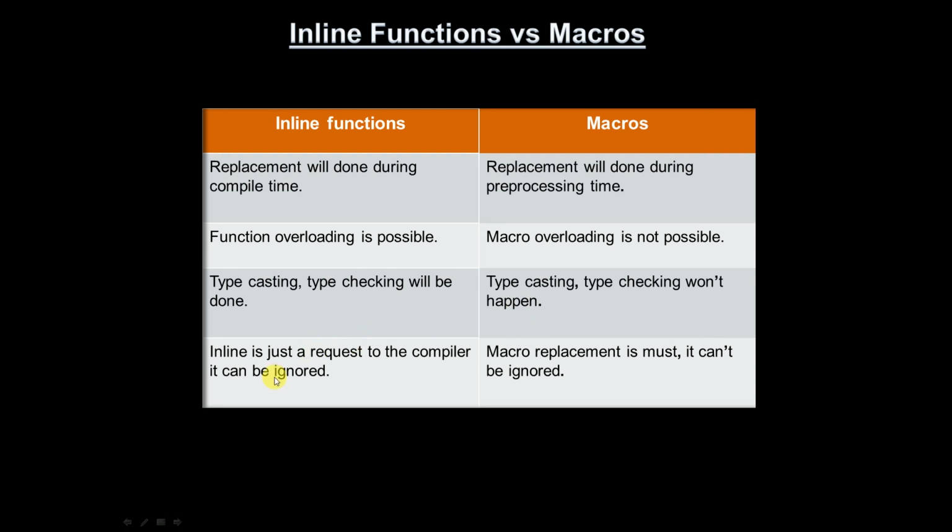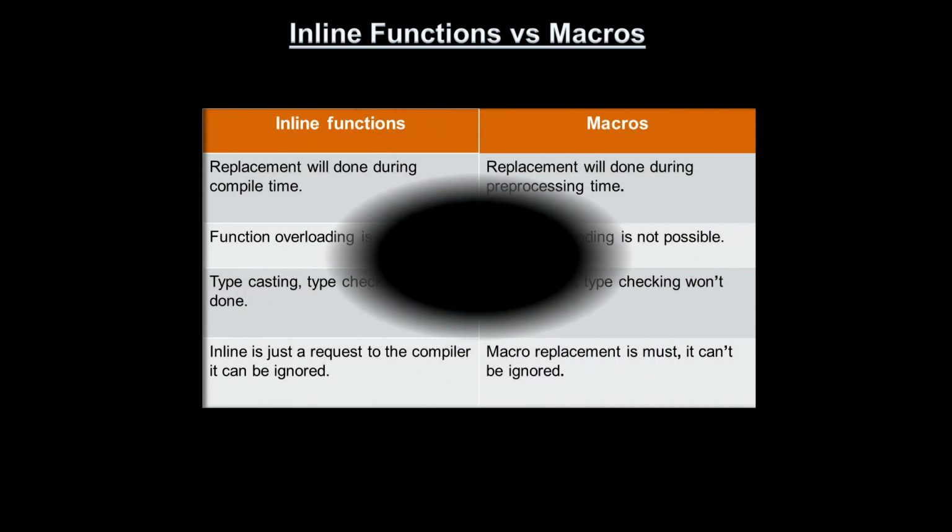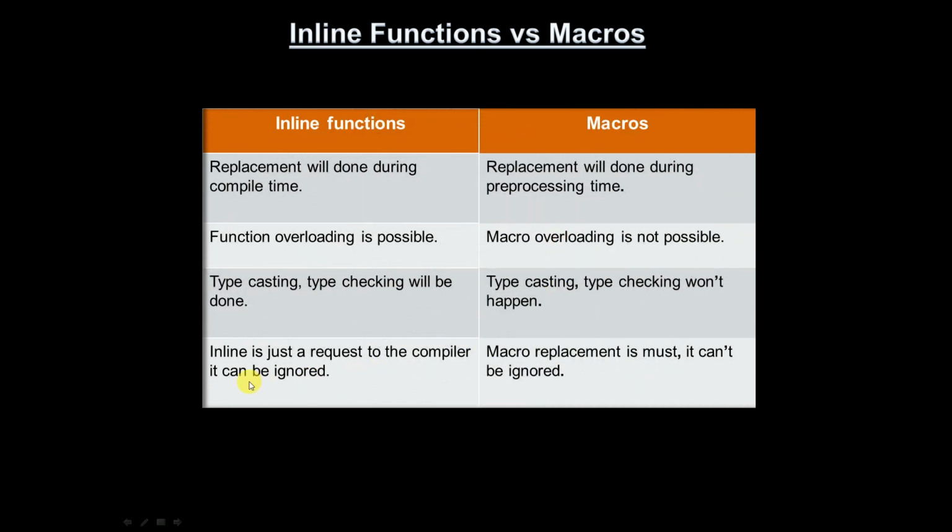Inline is just a request to the compiler. It can be ignored. As we said, if you have recursive calls, or, I missed this one, even if you have static variables, then also the inline request will be ignored. You are requesting, if possible, just replace my function call with the function definition.